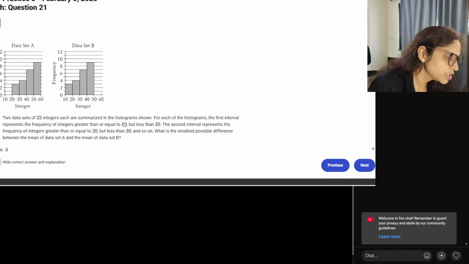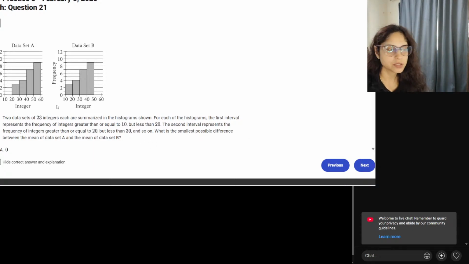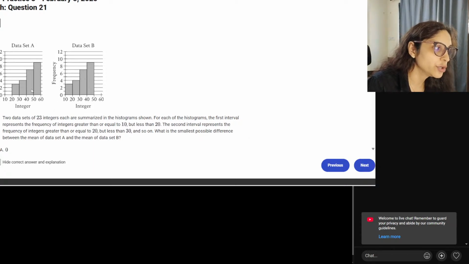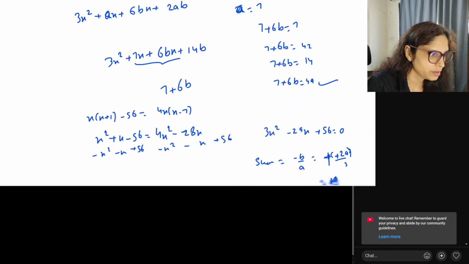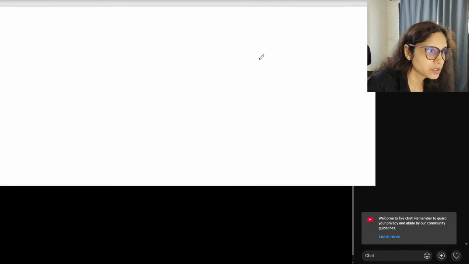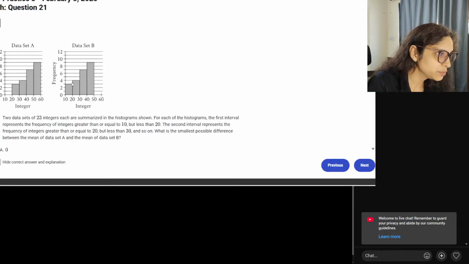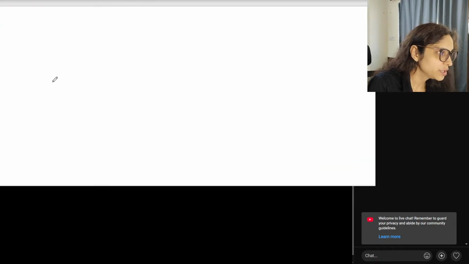So over here, for the smallest possible difference, we do not know where the mean is. You would be like, why are we taking 40 to 50? You can take 30 to 40 also. But remember, because the shape is the same, if the mean is in the second one here, it will be in the second one here also. So if you take the mean as 30 to 40 here, the mean will be from 20 to 30 over here.